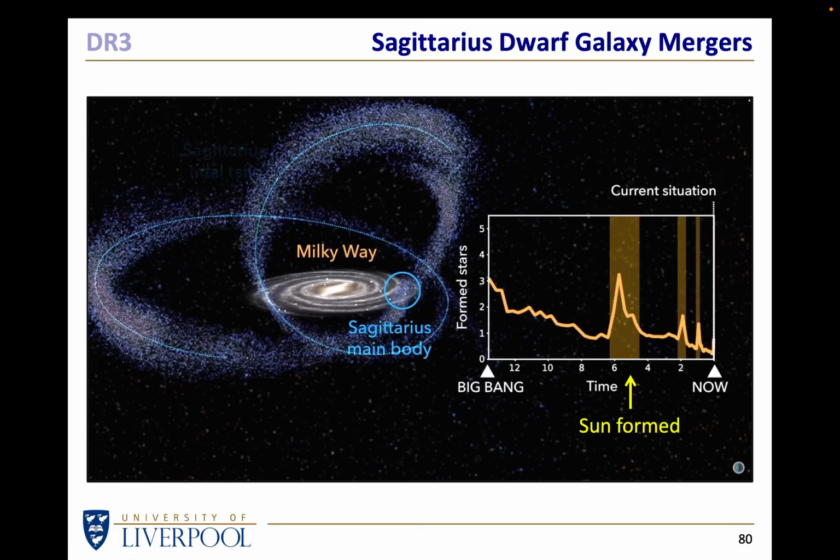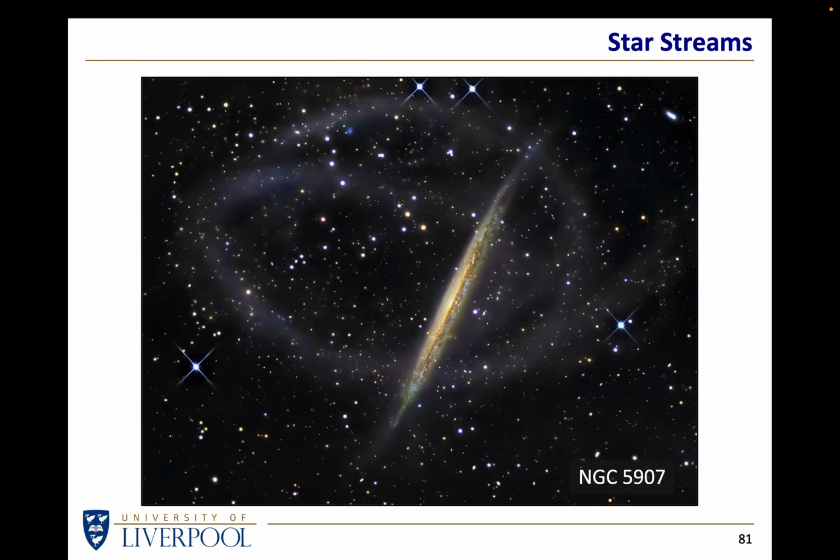And interestingly, that's when the sun was born. So it might be that the interaction of the Sagittarius galaxy with our Milky Way, that we know produced new stars, might well be why our sun exists, prompted by that merger between the Sagittarius dwarf galaxy and our Milky Way. We can't easily prove that, but the timing is about right.